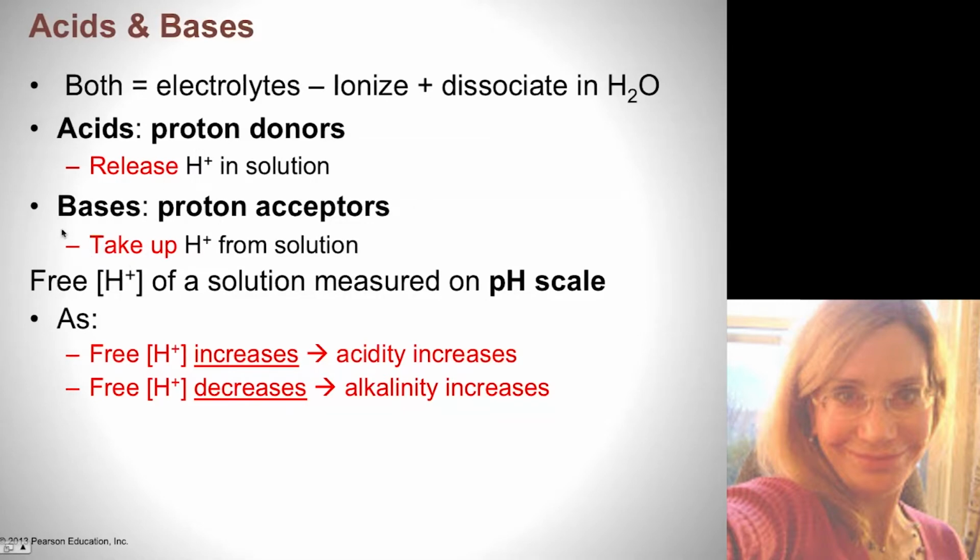So bases will take up hydrogen ion from solution. Free hydrogen ion in a solution is measured on what we call a pH scale. As the free hydrogen ion increases, acidity increases. As free hydrogen ion decreases, the alkalinity increases.